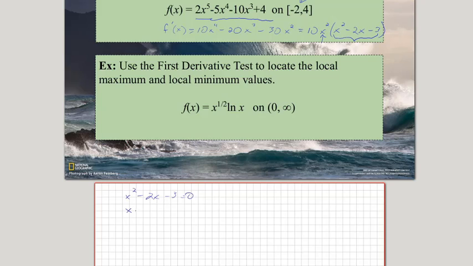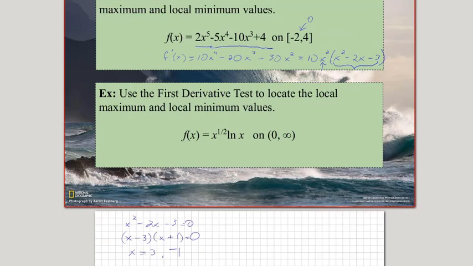It looks like we could factor it as (x minus 3)(x plus 1). And so the x values that we get from here are either 3 or negative 1, both of which are in the interval. Negative 1 is in there, and 3 is in there.